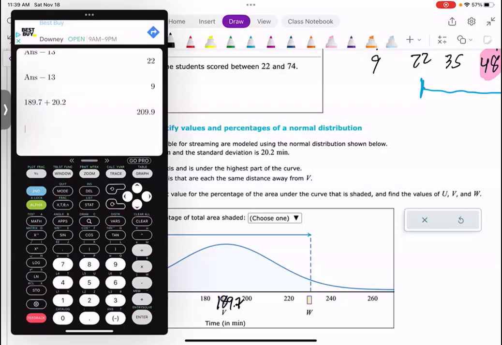Now notice that's not between 220 and 240. So I'm going to add another standard deviation, plus 20.2. There it is, 230.1. And this distance here is 2 standard deviations out.